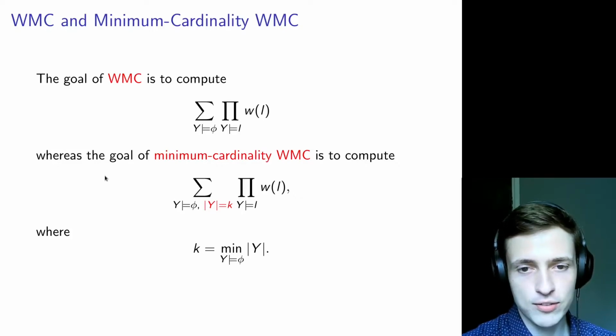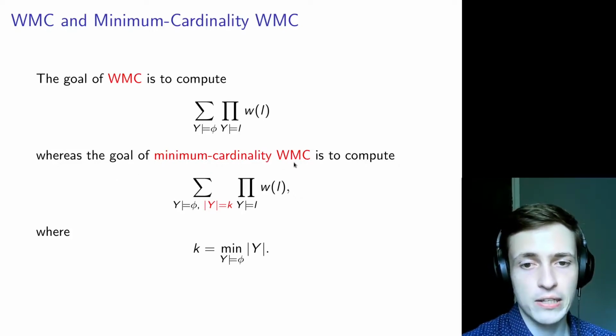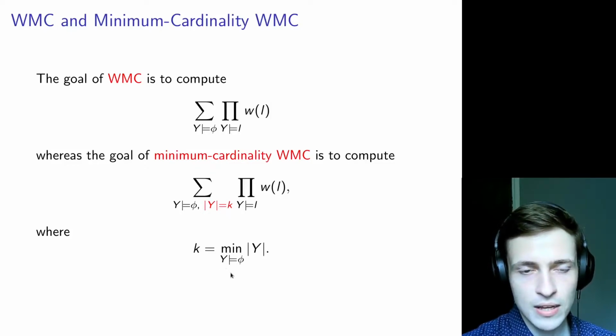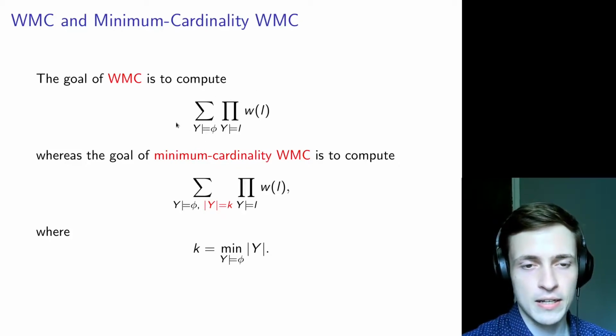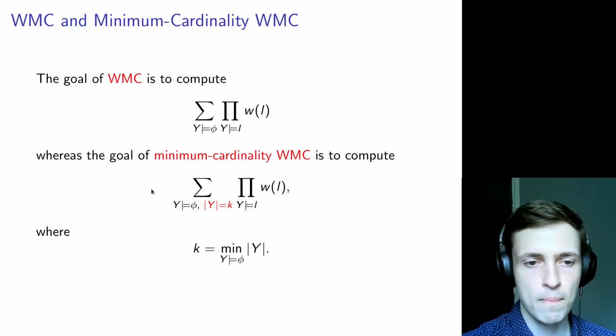Another variation of WMC is the minimum cardinality WMC, where we're only summing over models that have the lowest possible cardinality. Most WMC algorithms only support the first kind, but some quite influential encodings are written for the second kind.